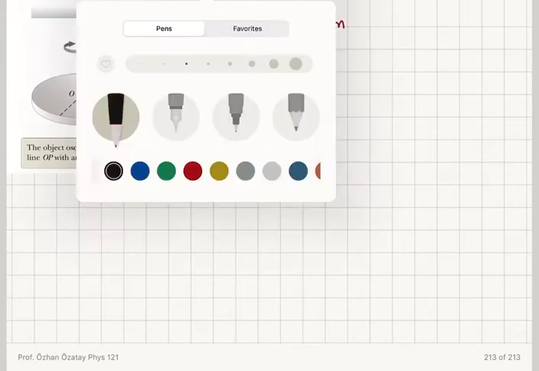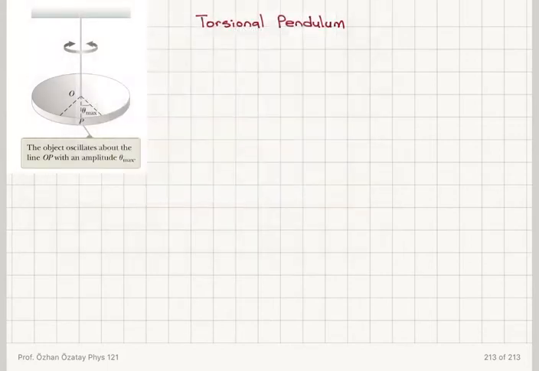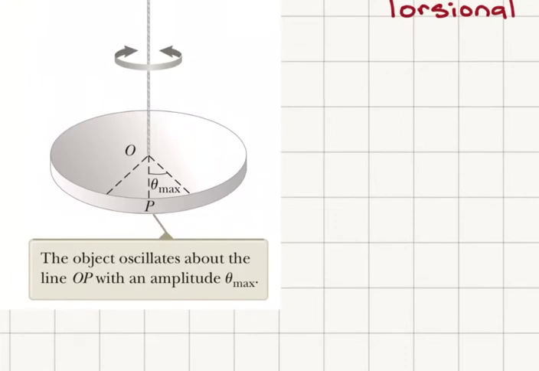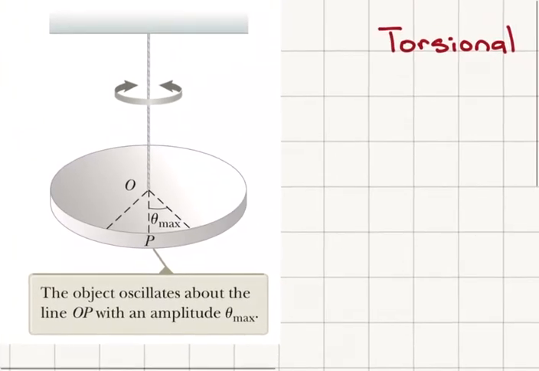Okay, now we're going to talk about torsional pendulum. We have a disc that is suspended by a wire, and we can see that this wire can be twisted.